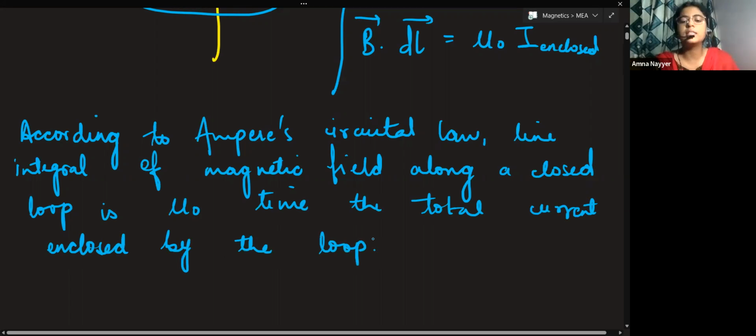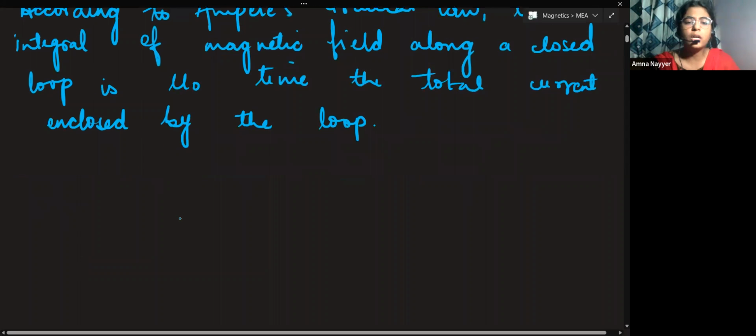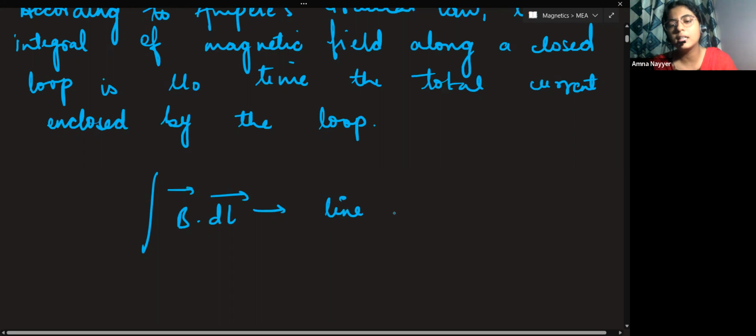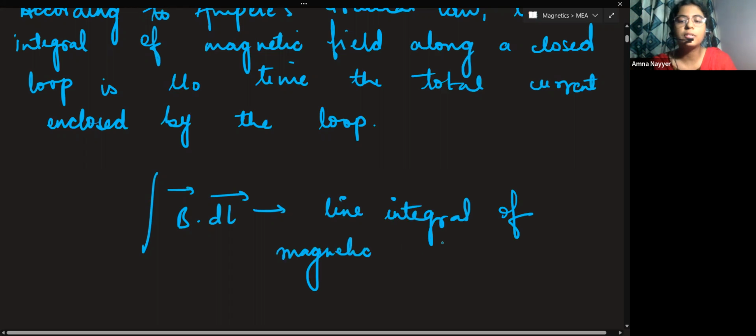So what is this B dot dl? B dot dl is basically the line integral of magnetic field. Let me rewrite that. The line integral of magnetic field which I'm referring to is B dot dl ultimately.